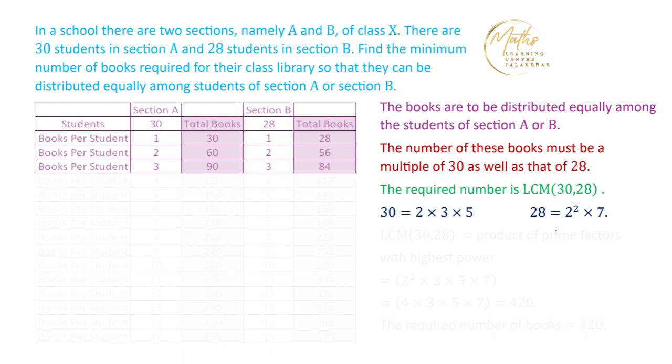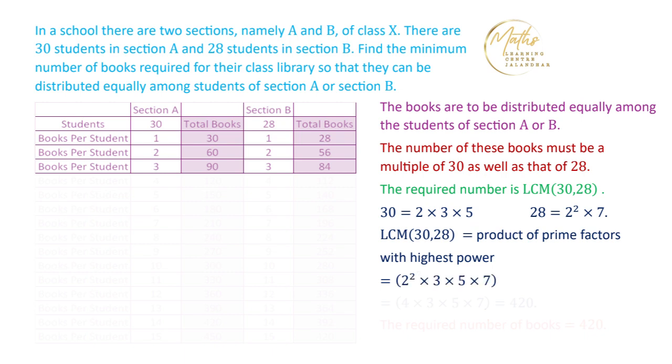So the LCM of these two numbers, 28 and 30, is the product of the prime factors with highest power. That means 2 raised to the power 2 into 3 into 5 into 7. On solving this value, we obtain the answer as 420. So the required number of books is 420.